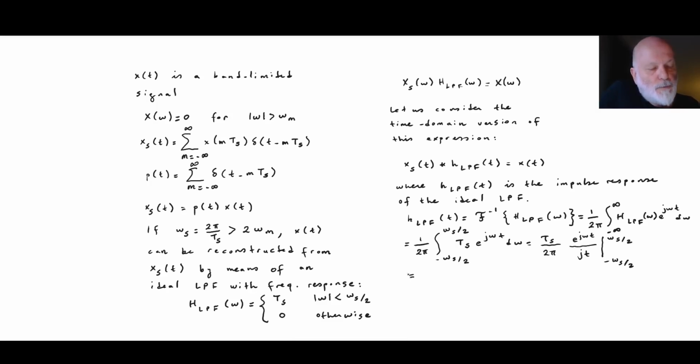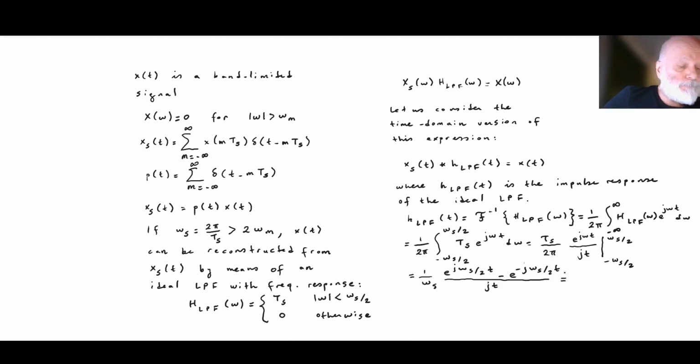So this is equal to Ts over 2 pi, which is 1 over omega s, and we have e to j omega s over 2 t minus e to minus j omega s over 2 t divided by jt.